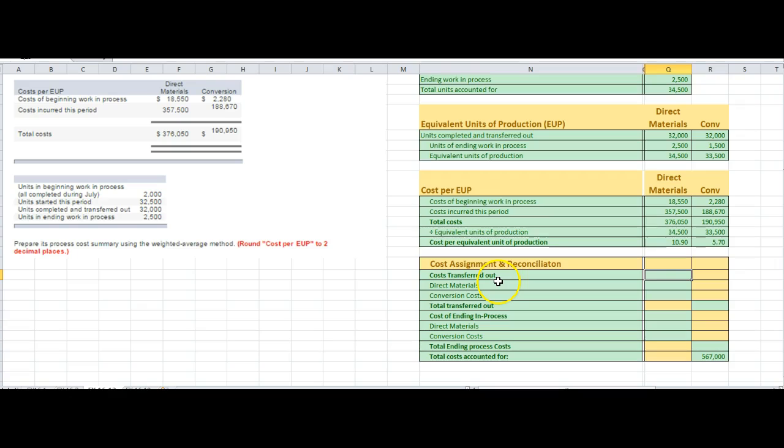So this is what was transferred out. In direct materials, that was 32,000, remember? We transferred out 32,000 parts. So direct materials was $10.90. If you take $10.90 times 32,000, you should come up with a whole bunch of numbers. I'm hunting for numbers so I don't have to think.